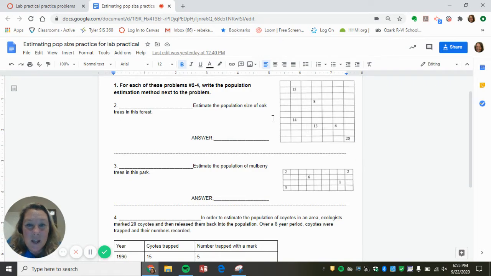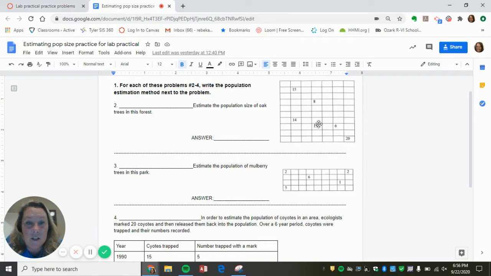When you get that number, you divide it by the number of samples you have, so divided by 6. That number will give you the average number of oak trees in every one of these little grids or squares, just from your random sample.